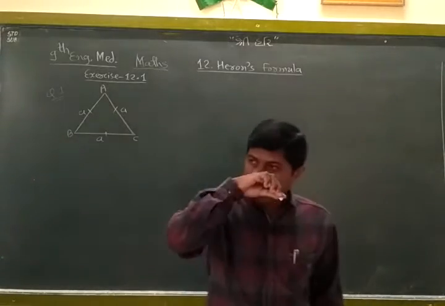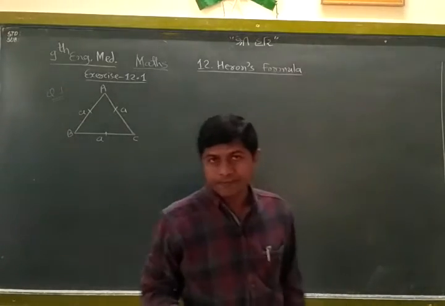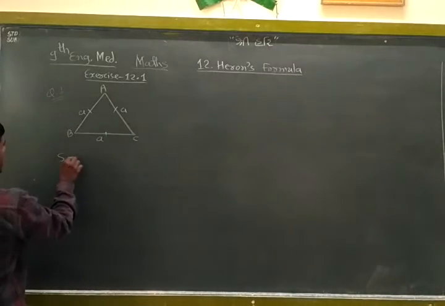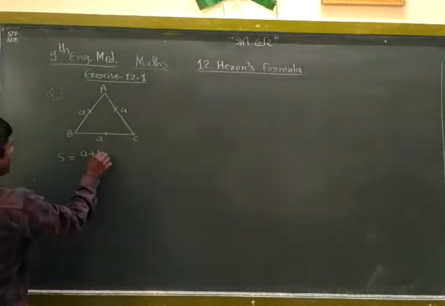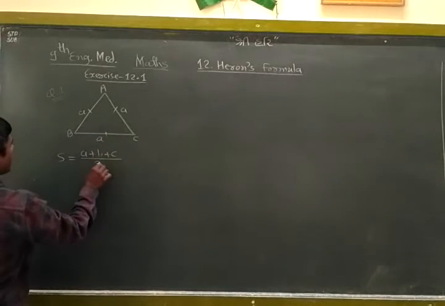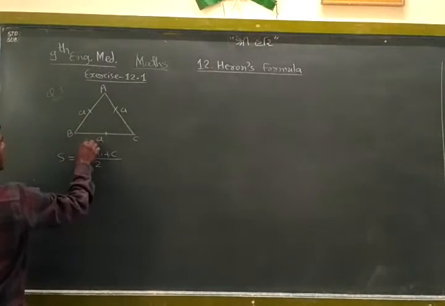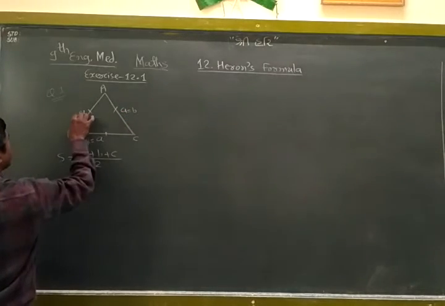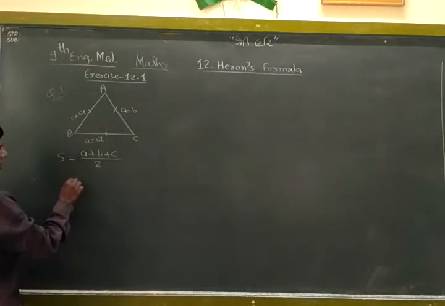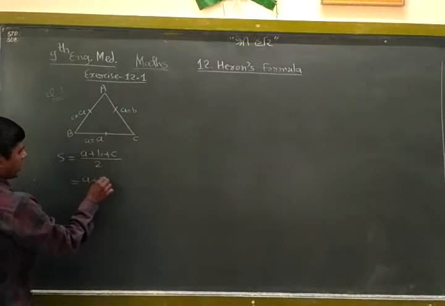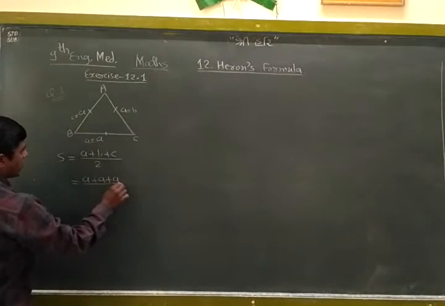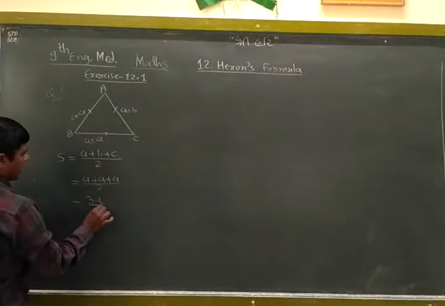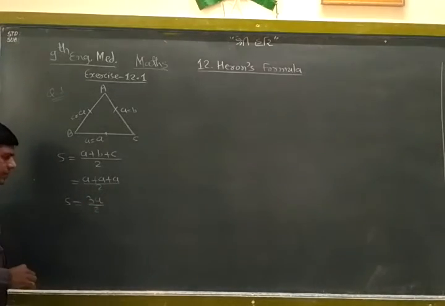Now we use Heron's formula. Okay, so first S equals A plus B plus C by 2. A opposite A, B opposite B, C opposite C. Okay, so A plus A plus A by 2, so S is 3A by 2.